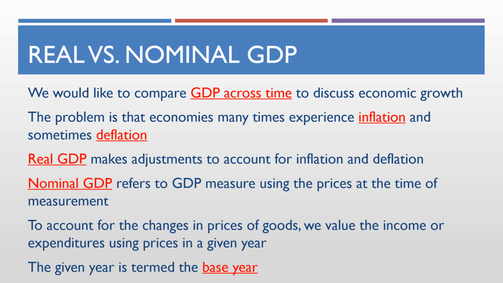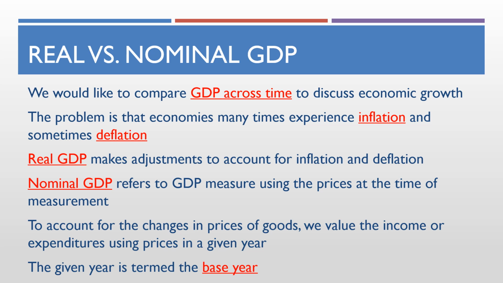So given that, we are going to think about how we are measuring what we call real GDP. And the simple concept here is to say, well, what if we have this price level fixed across time periods?